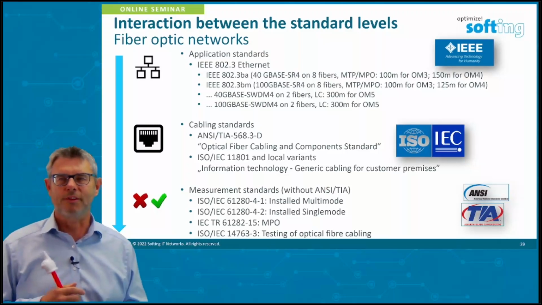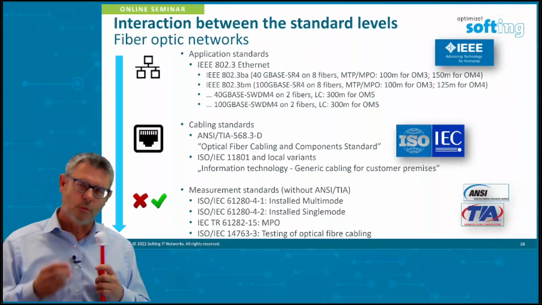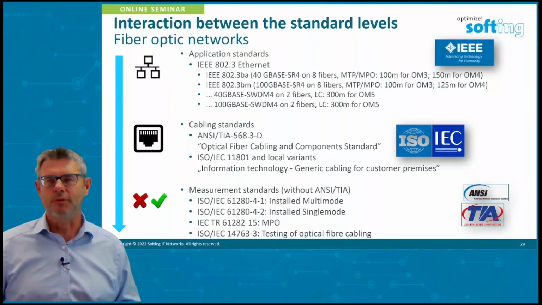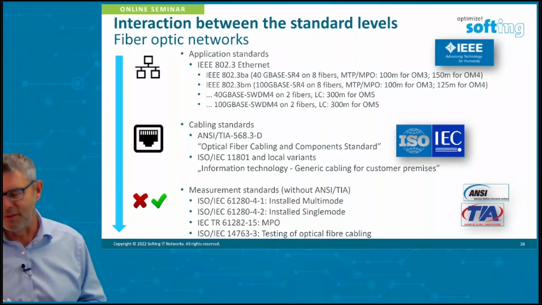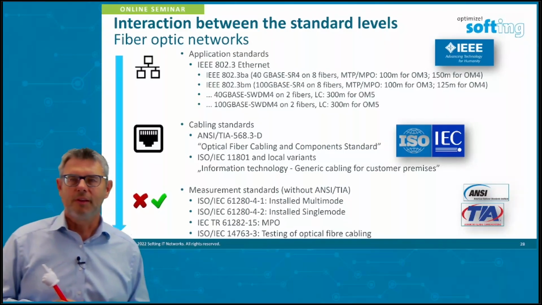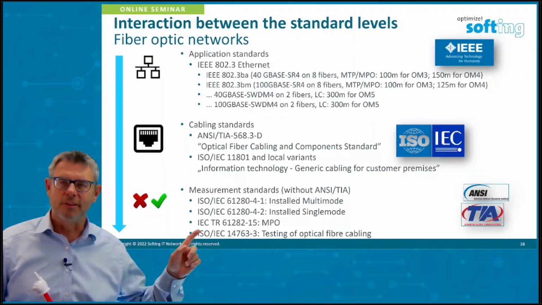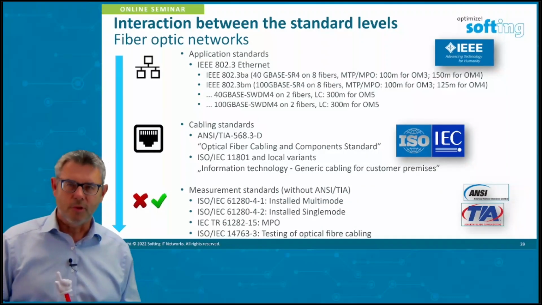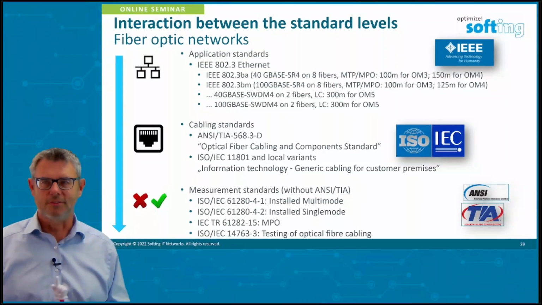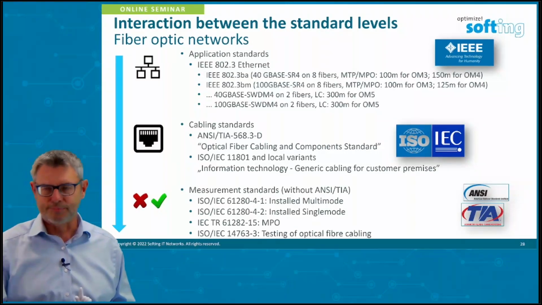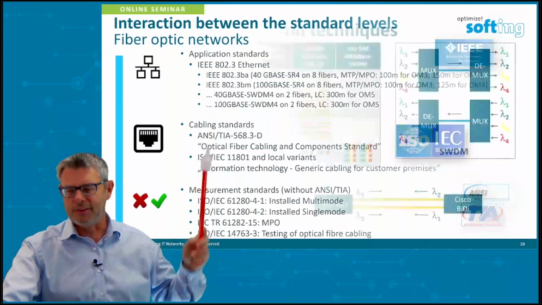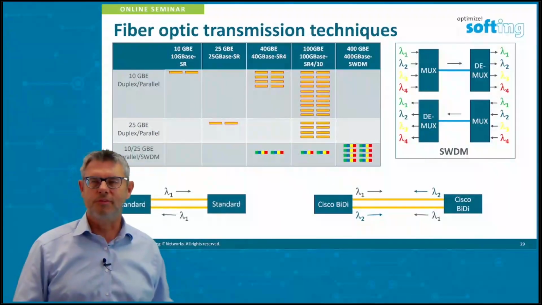So you have to be very careful what standards to be used and what one standard is allowing, and you have to clearly state against what standard you are doing your measurements. So currently the most popular standards for measuring and testing fiber optic links is the last row here, the ISO IEC 14763-3, which is the most popular one, and most of the test instruments are working around this.